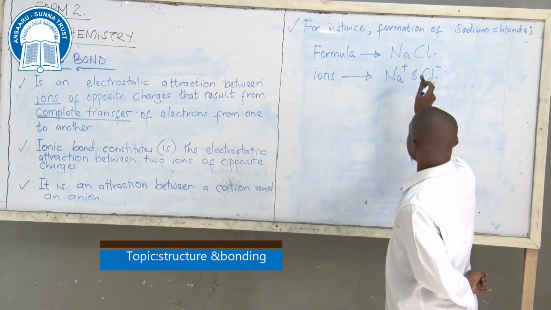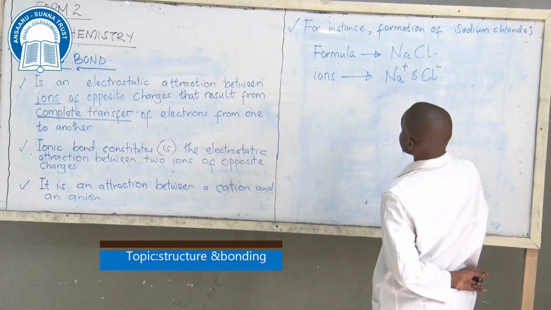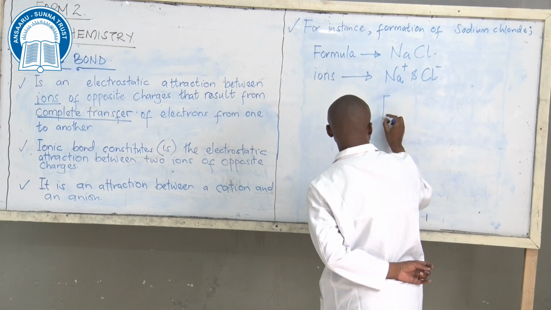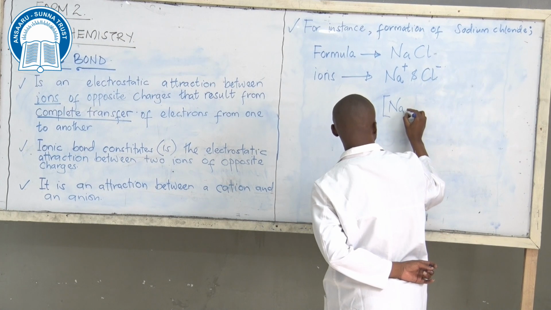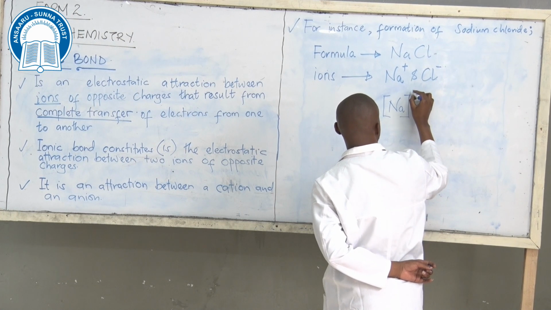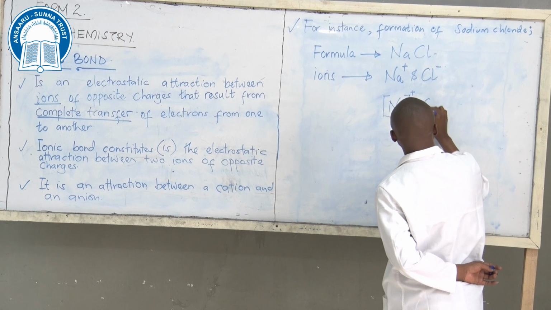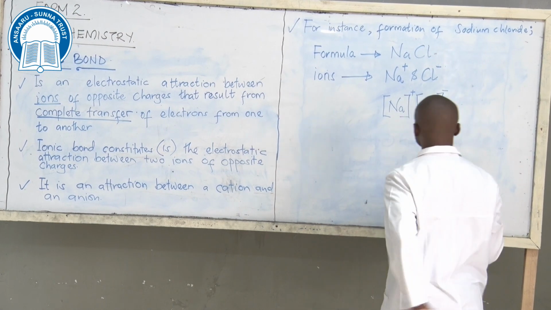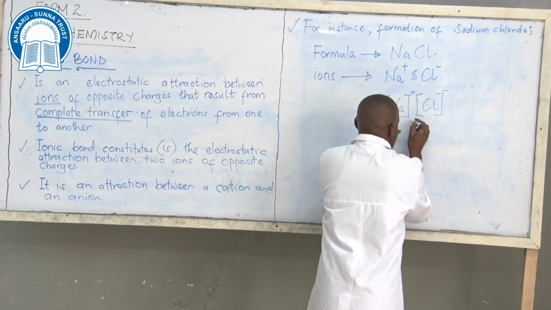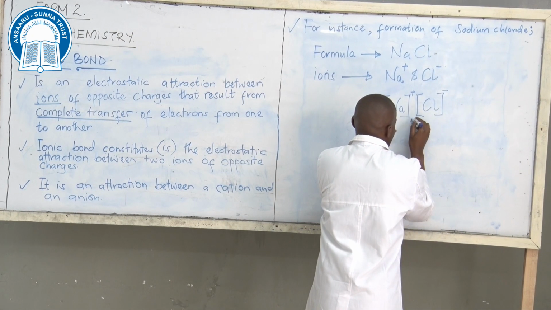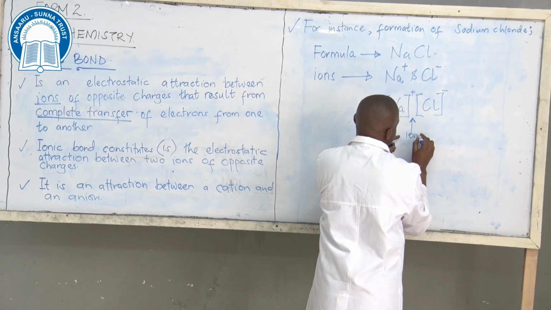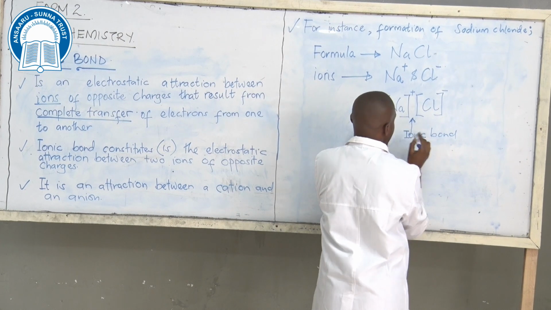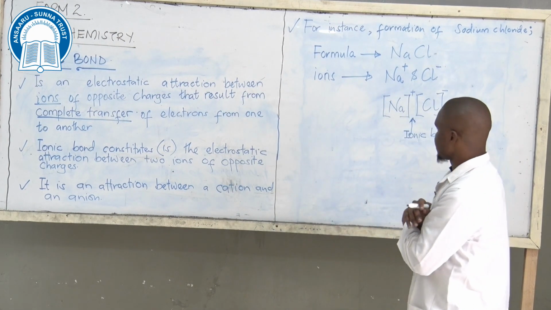So it is these two that are attracting each other electrostatically, and that is the ionic bond. Just to illustrate further, look at this. You have sodium, an ion, and a chloride, which is also an ion with a negative charge. So the attraction here is what we call ionic bond. It is the attraction between these two.